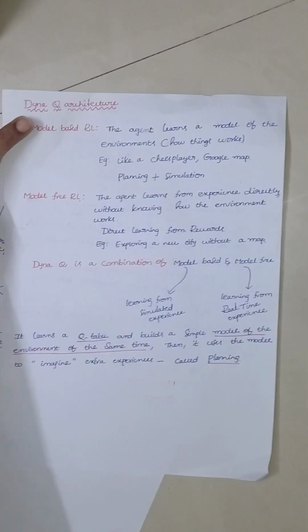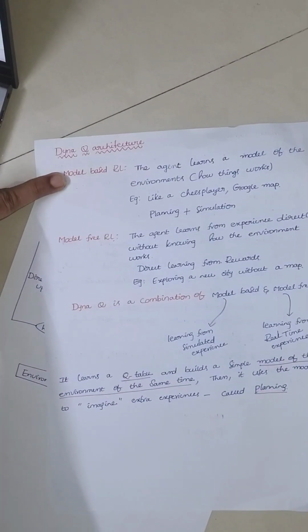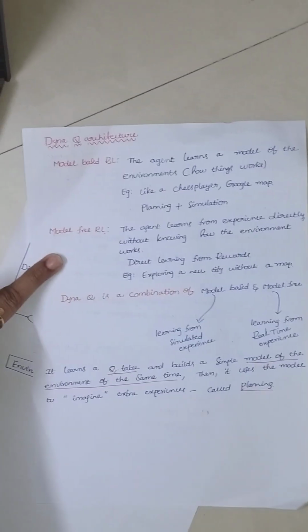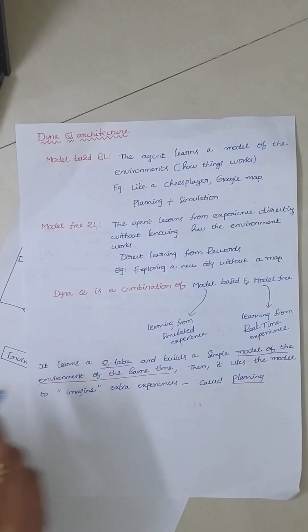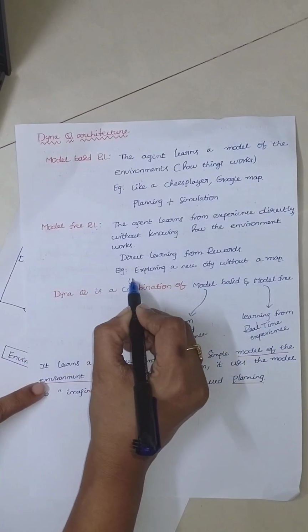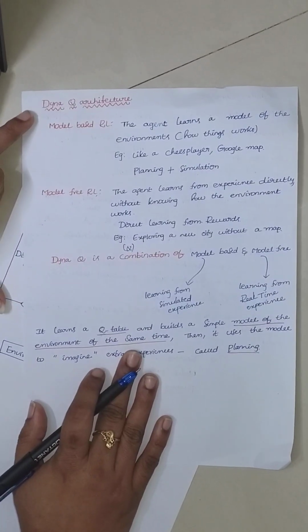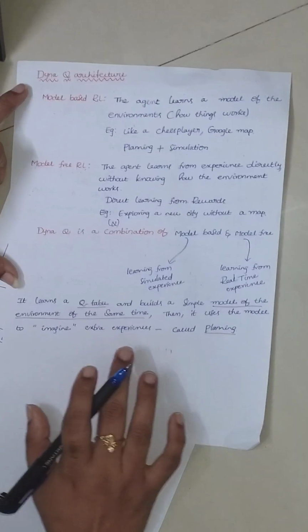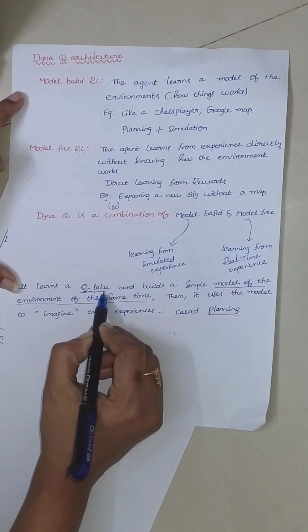So now we are going to see what is Dyna Q architecture. So far we have seen the differences between model based and model free. Now Dyna Q is a combination of model based and model free. We have one well known example for model free RL, that is Q learning. Now, how does the Dyna Q architecture work?